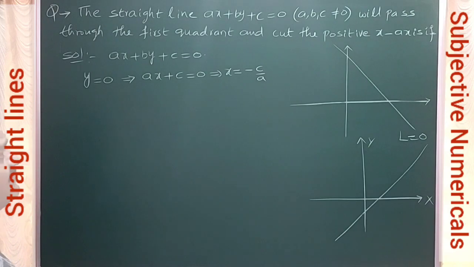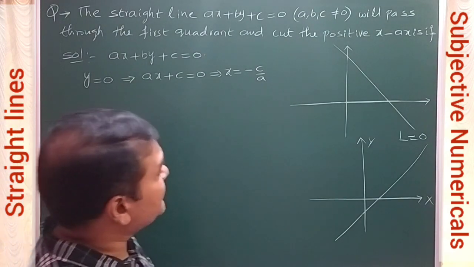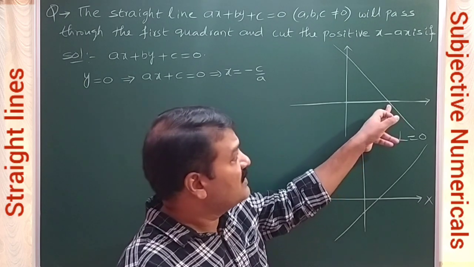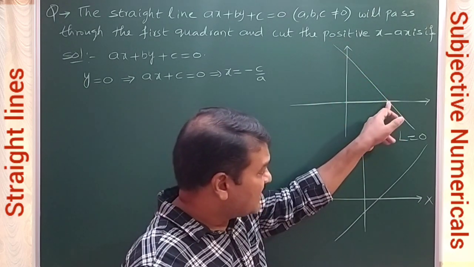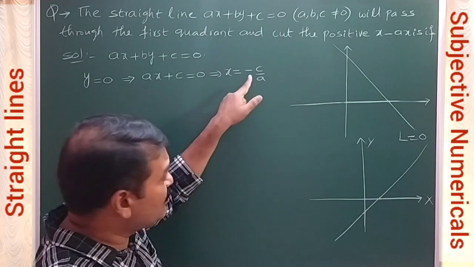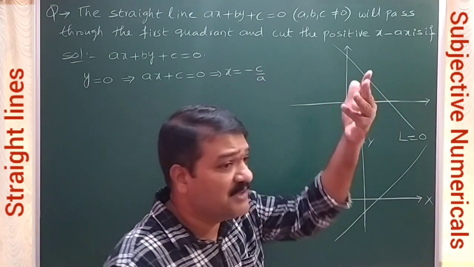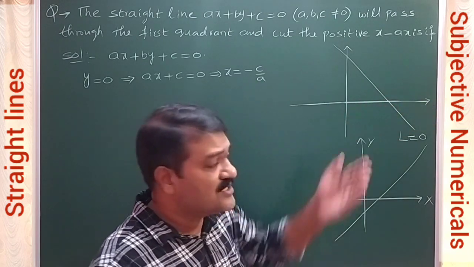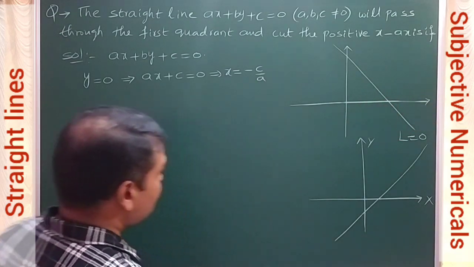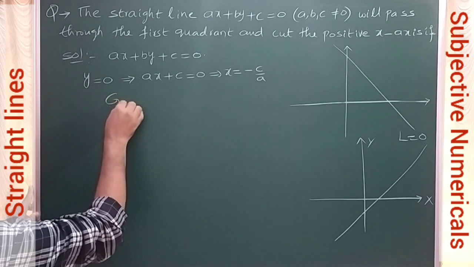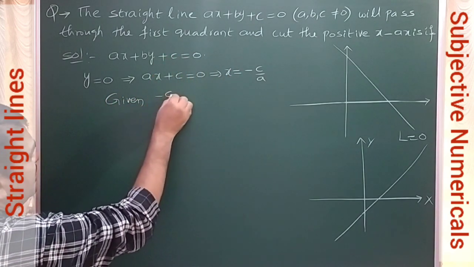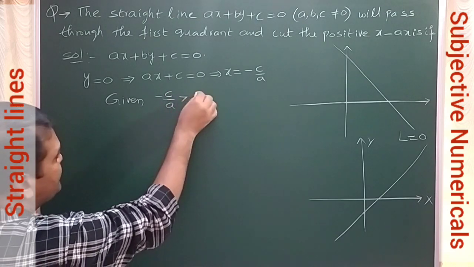What they have given is that the line cuts the positive x-axis. Therefore, this x coordinate of the point must be positive, because on this side of the x-axis, the x coordinate is positive. So the x-intercept must be positive, that is, minus c by a must be positive.